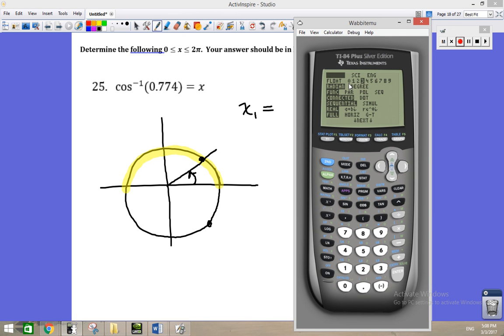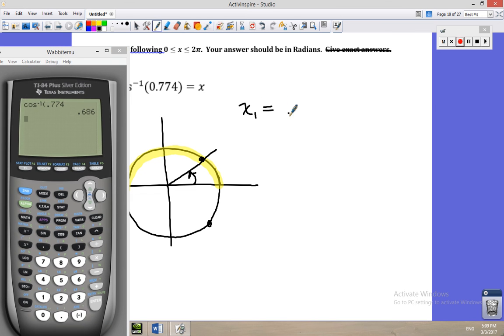I'm still in radians. I'm still rounding to the third decimal. The inverse cosine of 0.774 is 0.686 radians, and that's an angle measure, and that's right there. Well, that's the acute angle.